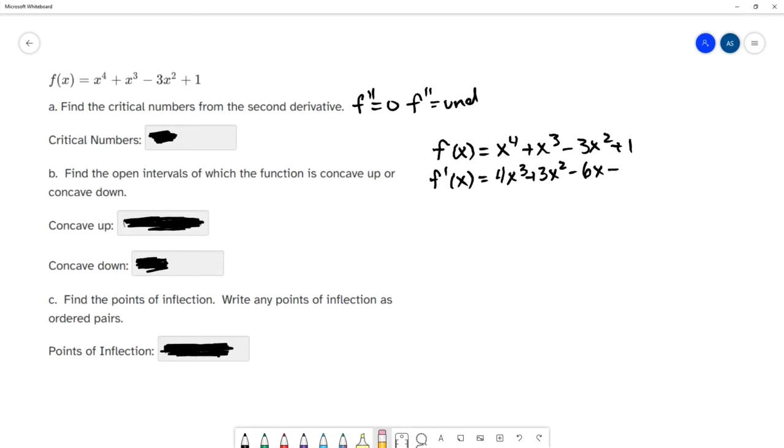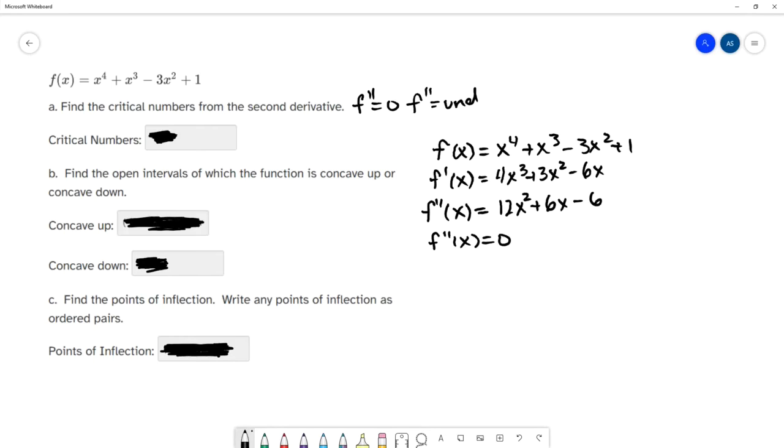And the derivative of a constant is 0. And then we can get our second derivative. And our second derivative would be 12x squared plus 6x minus 6. And I need to know when the second derivative is 0 or undefined. That'll give me the critical numbers.